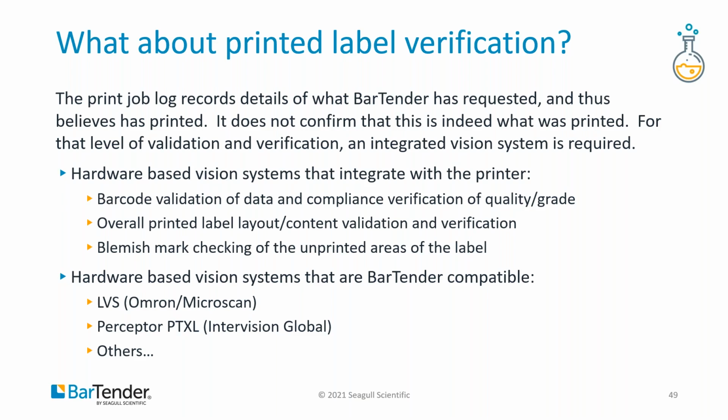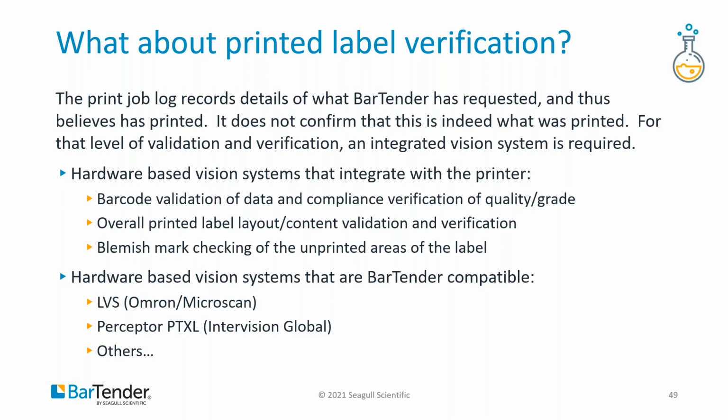And there are various hardware-based vision systems out there that are compatible with BarTender. So you have the LVS, I think it's the label vision system from Omron, which used to be known as Microscan, and also the Perceptor PTXL system from Intervision Global. And these two in particular offer a very high quality vision-based system for verification and validation of printed labels.